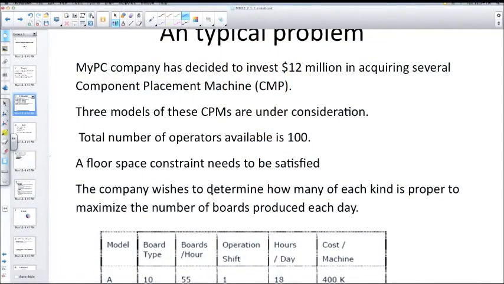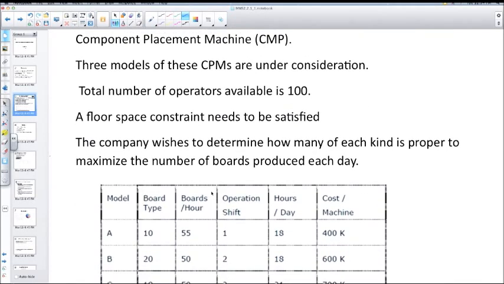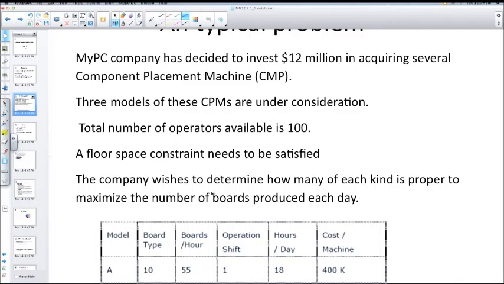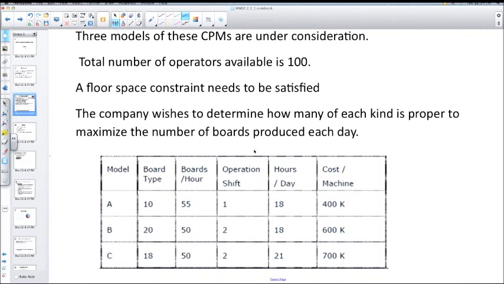And first, let's look at a typical problem. A typical problem will give you the resources you have. In this example, your company decided to invest 12 million to acquire new machines. And there are a few choices you could make. Here we assume you have three types of models, A, B, and C. For each choice, you're going to consume some resources, such as labor.